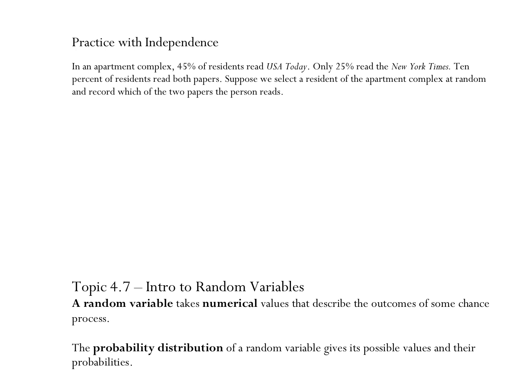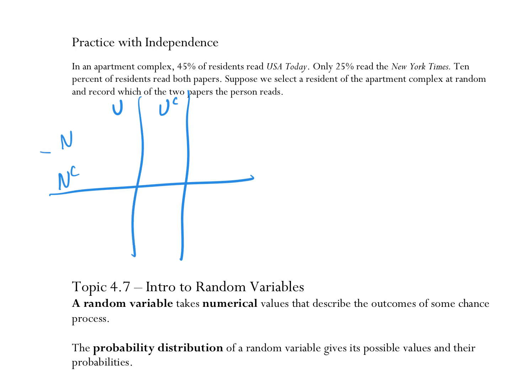Perfect. Okay, so if I'm doing a two-way table, I have two variables. Did the people read USA Today or not? And did they read the New York Times or not? Tell me everything I know.